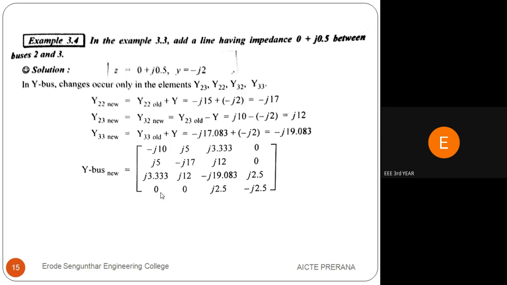If we are removing the impedance, we have to subtract. So in diagonal values, we have to add the impedance value.